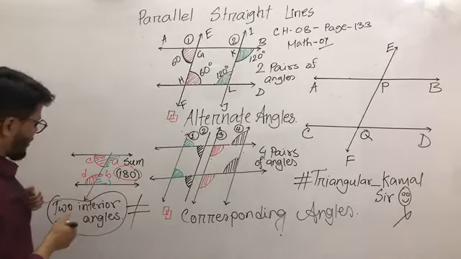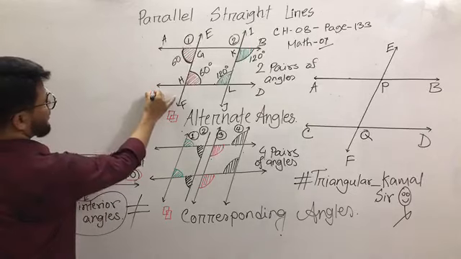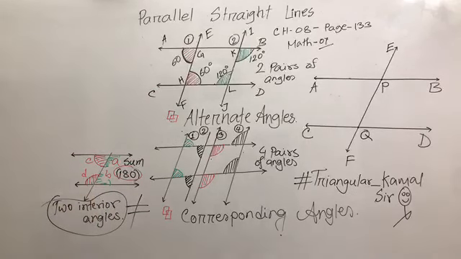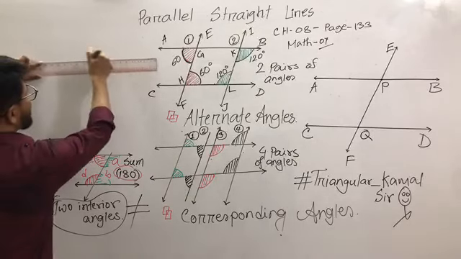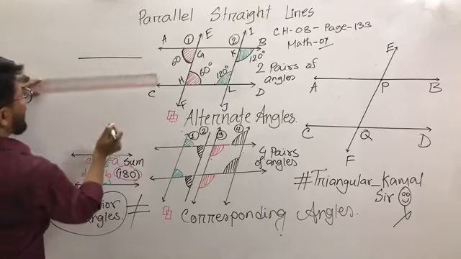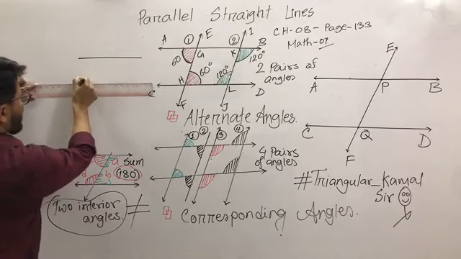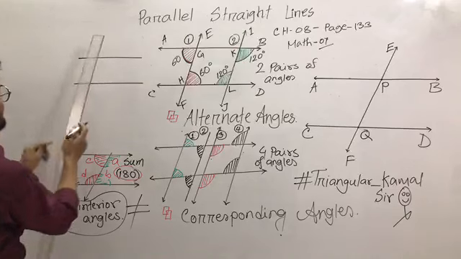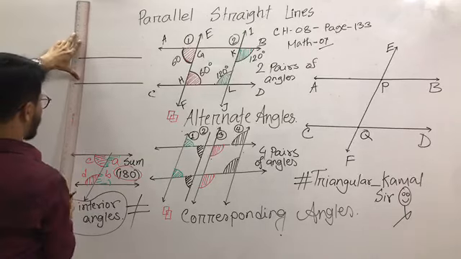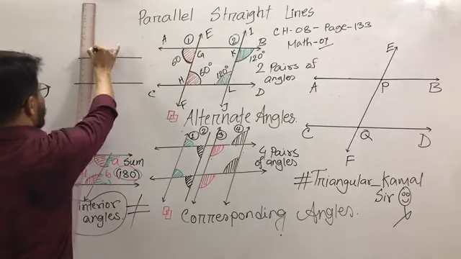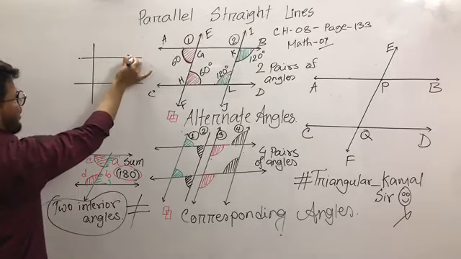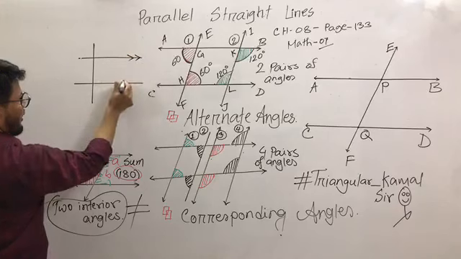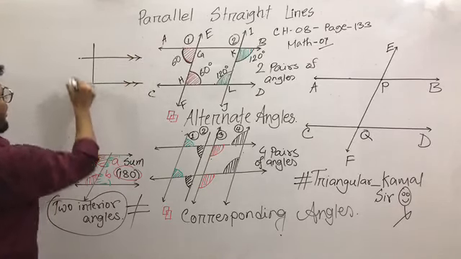There is AB and this is now CD. If we draw the interior angles again, this is the first straight line, this is another straight line, and this is the transversal, and they are parallel lines.